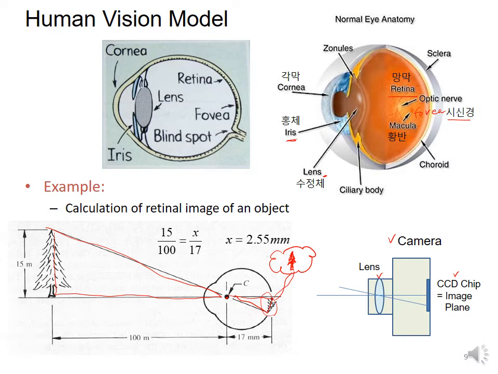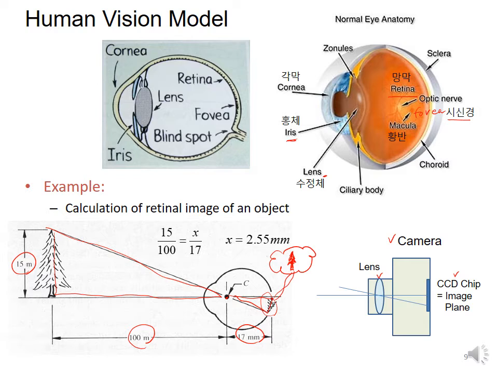When the height of a tree is 15 meters and the distance from the lens center to the tree is 100 meters, then the distance from the lens center to the retina is 17 millimeters.